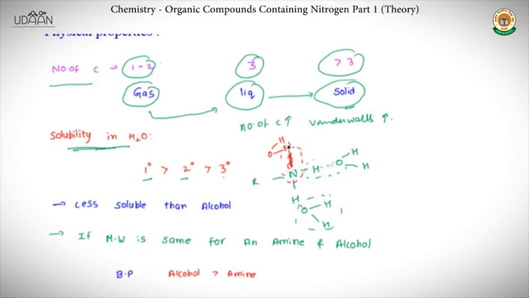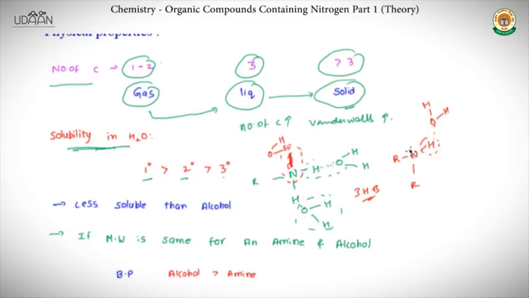So, here you have three hydrogen bondings possible. Now, if you take any secondary amine like this one, then you have NH. Here you have only one hydrogen on nitrogen, and so only one hydrogen bonding is possible with this hydrogen.